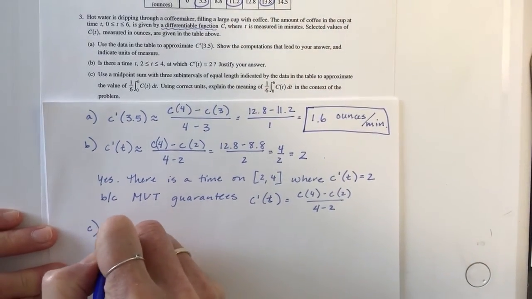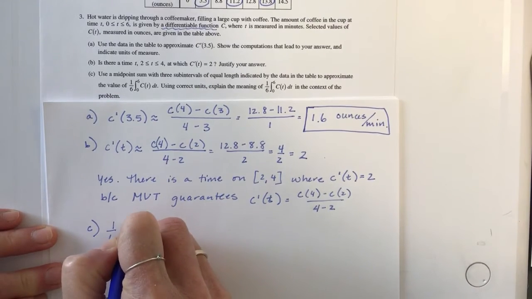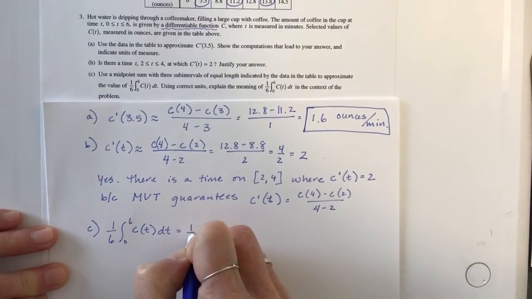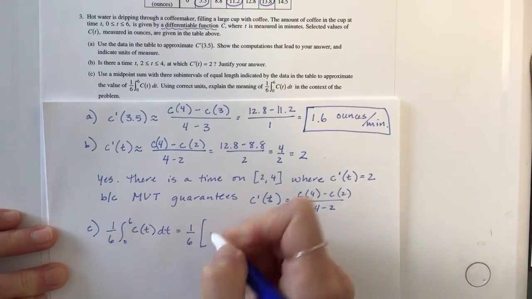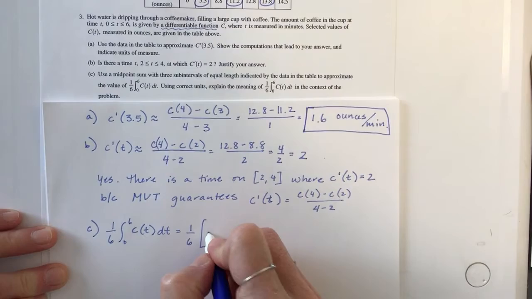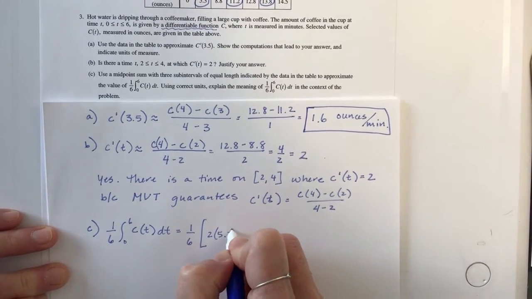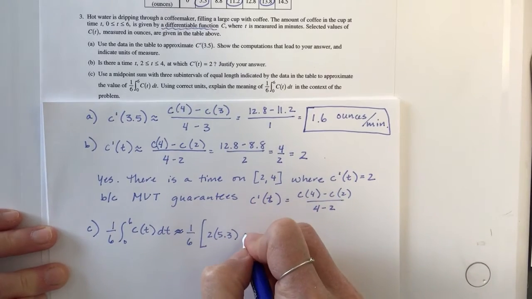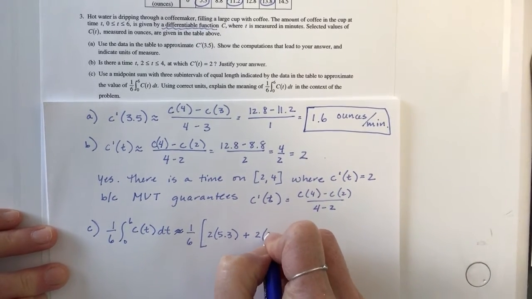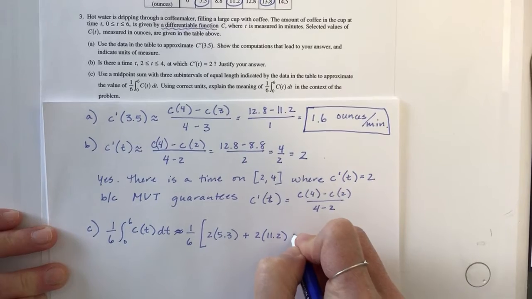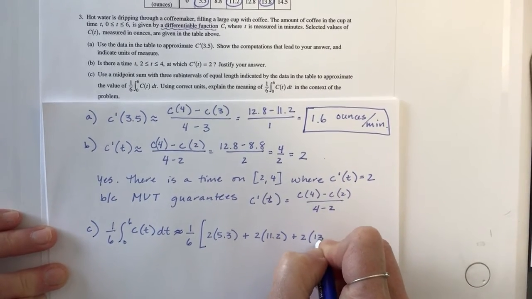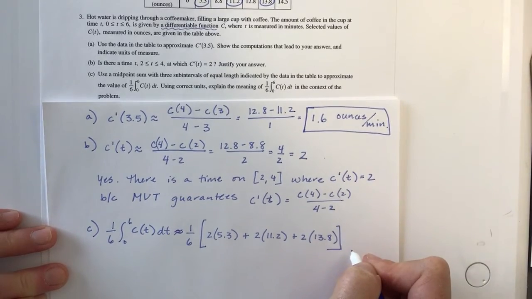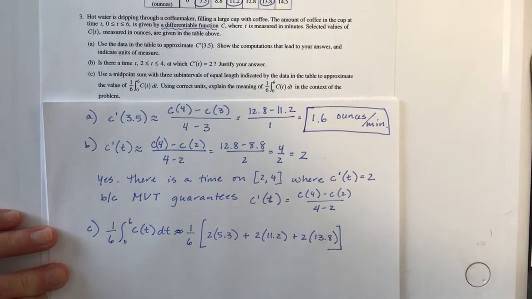So here we go. 1/6 the integral of 0 to 6 of C of t dt is approximately equal to, because it is an approximation, 1/6 times 2 times 5.3 plus 2 times 11.2 plus 2 times 13.8. Should we spend a lot of time calculating this? No, because we're under time pressure.